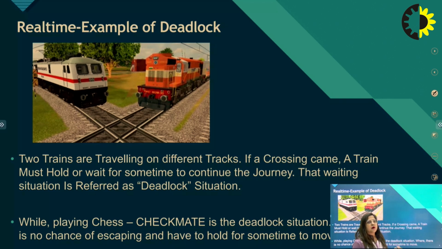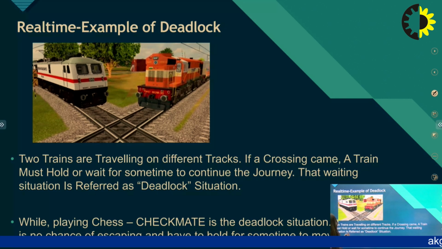Next we take a real-time example of deadlock. According to this image, two trains are traveling on different tracks. This train comes to this track, and this train comes to this track.